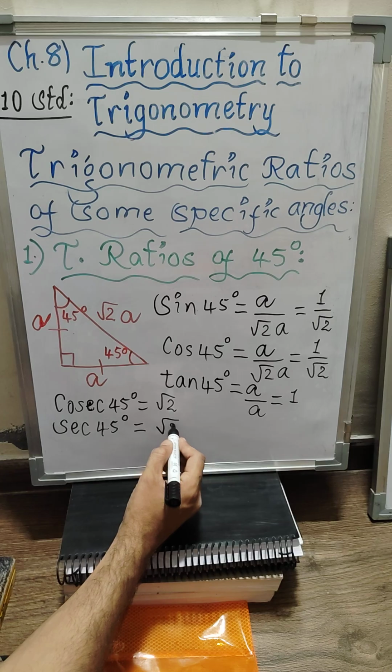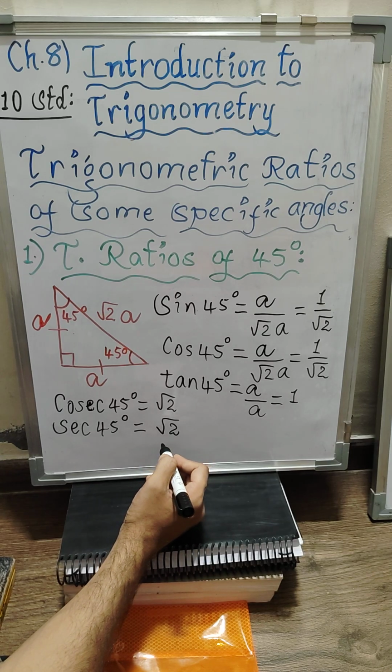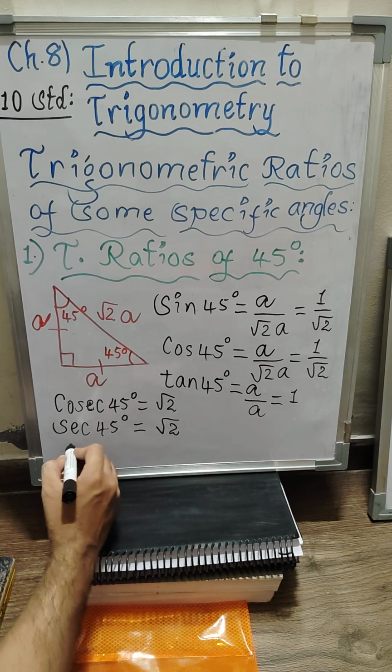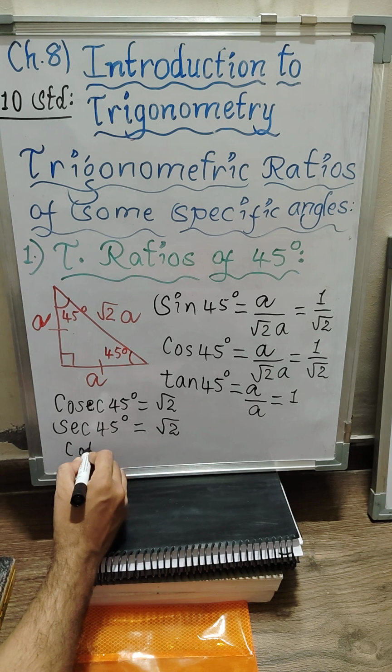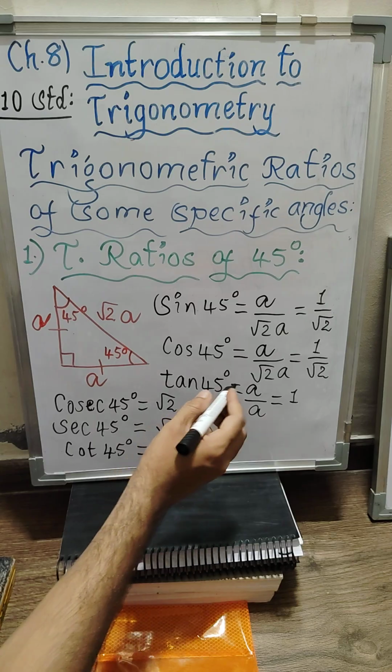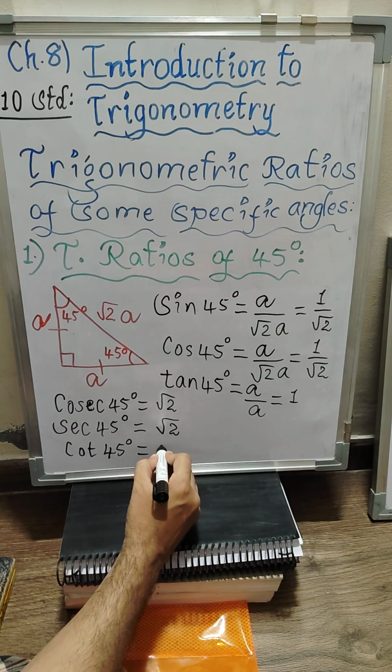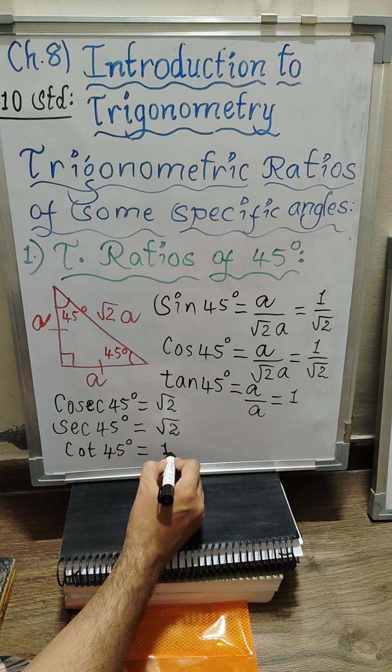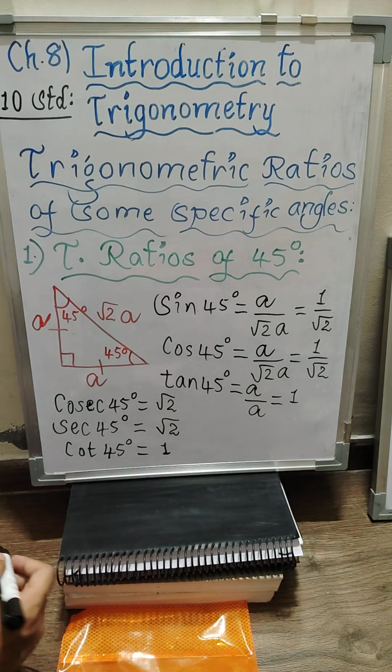So this also becomes root 2 by 1, meaning root 2. And cot 45 degrees is equal to reciprocal of tan. Tan 45 is 1, so the reciprocal becomes 1. In this way, we can find the trigonometric ratios of 45 degrees.